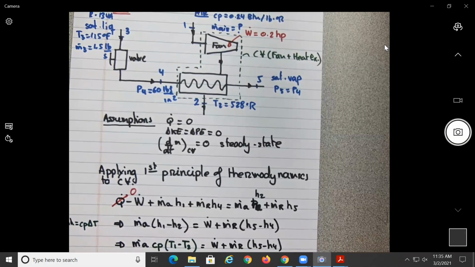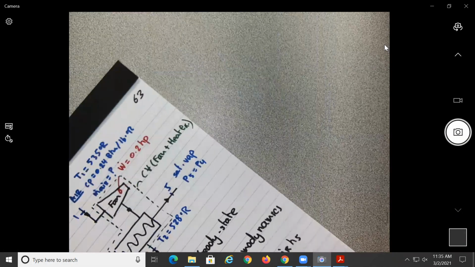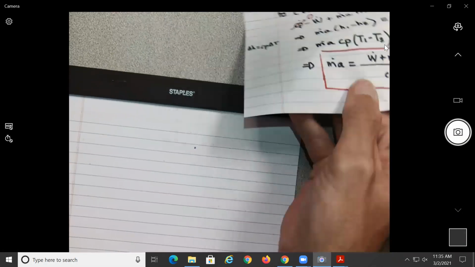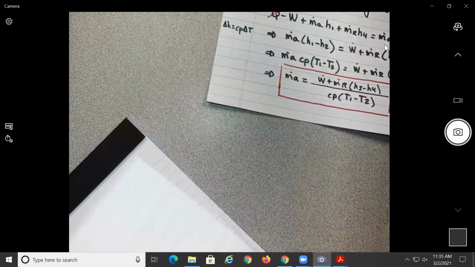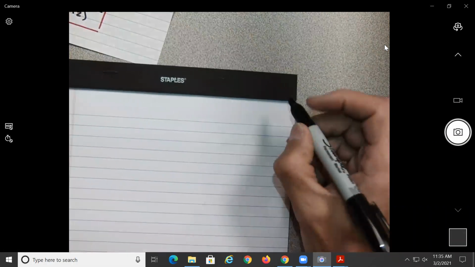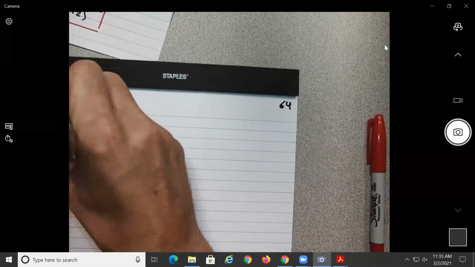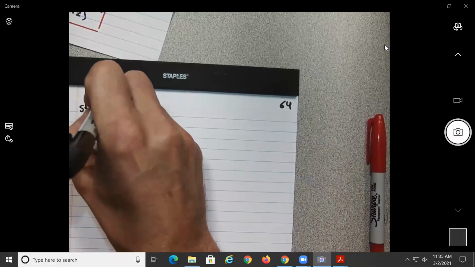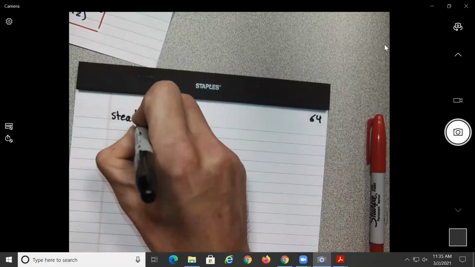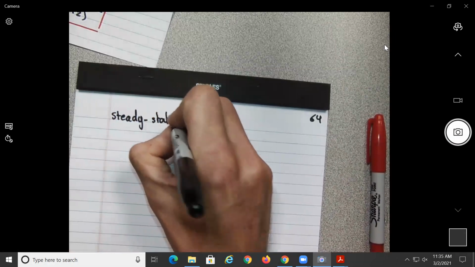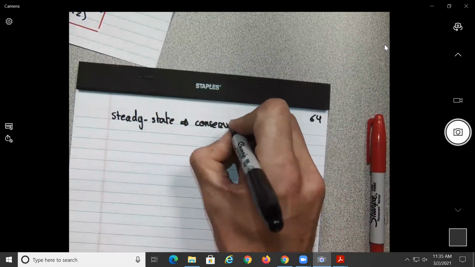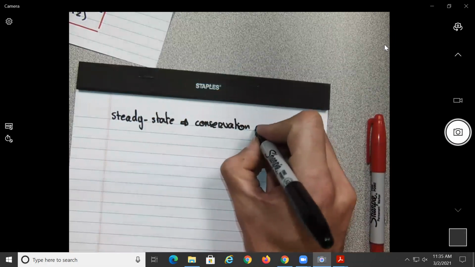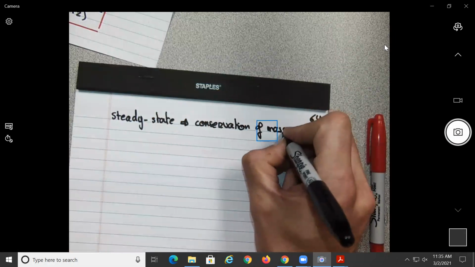So if you want, we could write over here, which is important as well, that steady state implies conservation of mass.